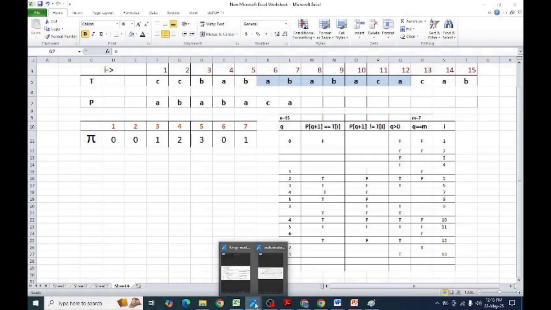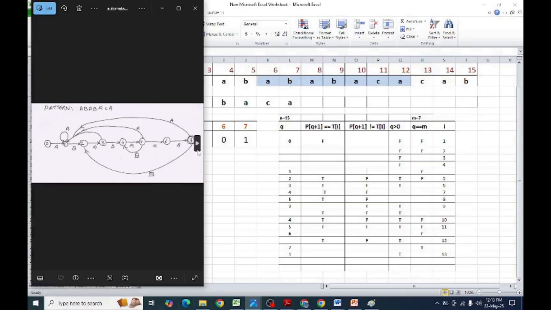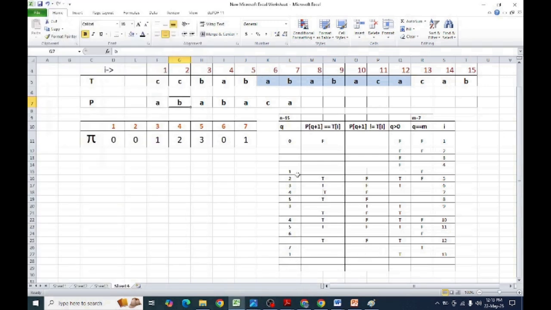You see the automaton, on reaching A we will be in state 1. That is why q is equal to 1. Is there a match? T of 13 and P of 2, no match. So this condition is true, the while loop continues.